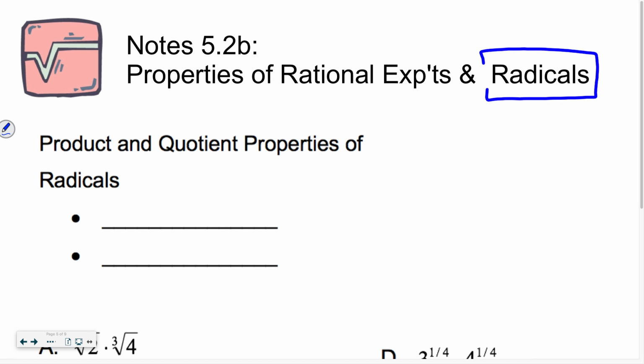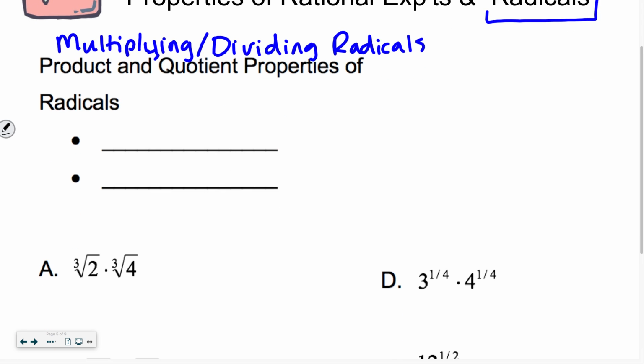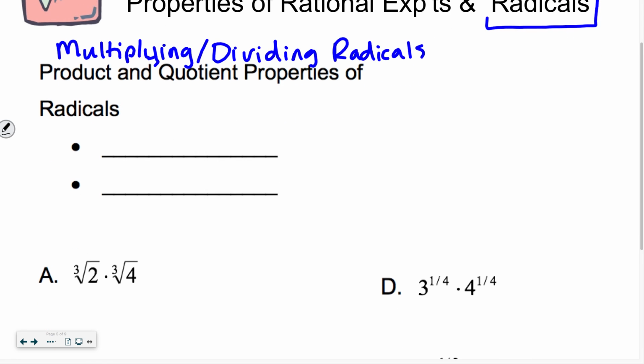Okay, so we have a product and quotient property of radicals. That means that we are multiplying or dividing radicals. And because we're talking about all the roots, square roots, cube roots, fourth roots, etc., you're going to see me use the nth root here.